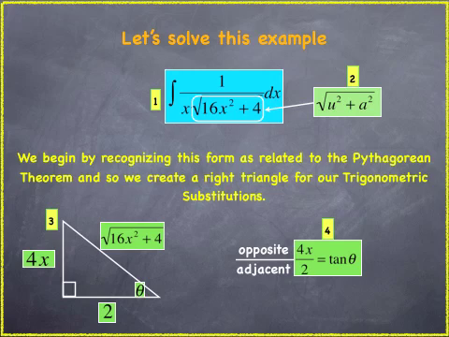The 4x is the square root of 16x squared, and the 2 is the square root of 4. And then using the Pythagorean theorem, you can figure out what that hypotenuse is, and it matches the particular radical in our problem.